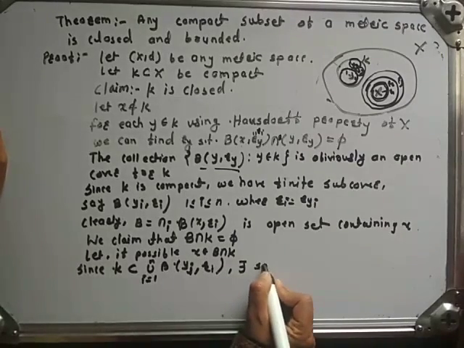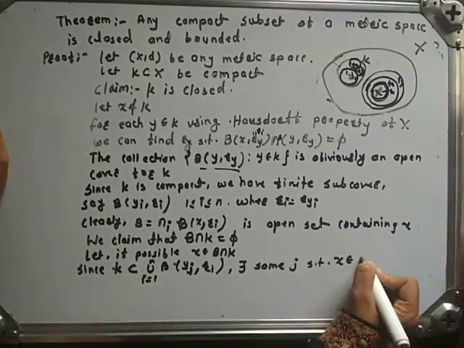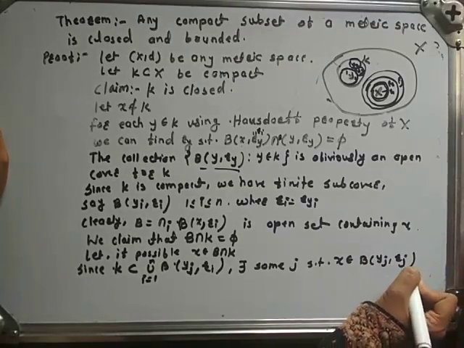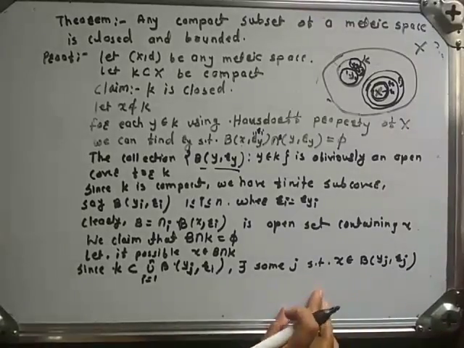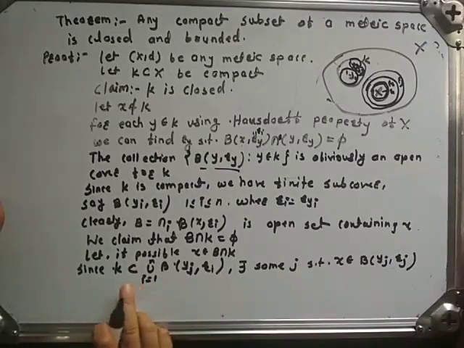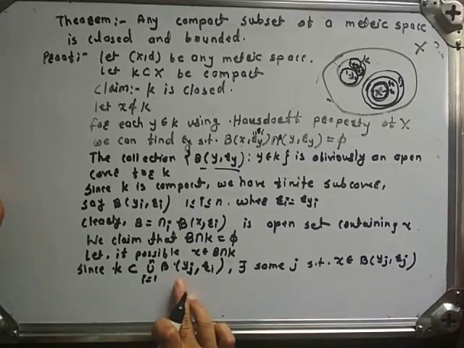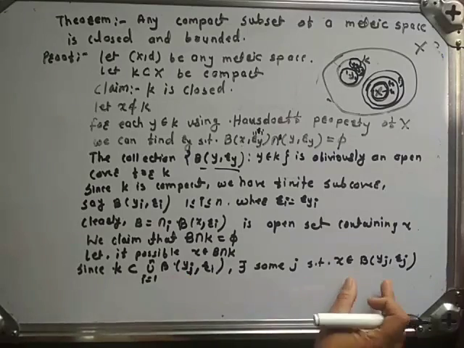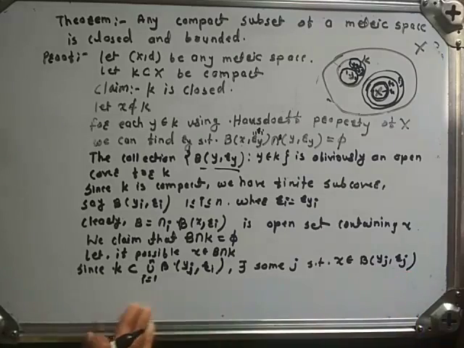There exists some j such that x belongs to B of yj comma Rj.